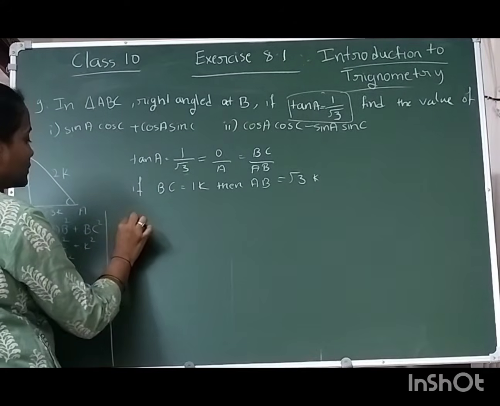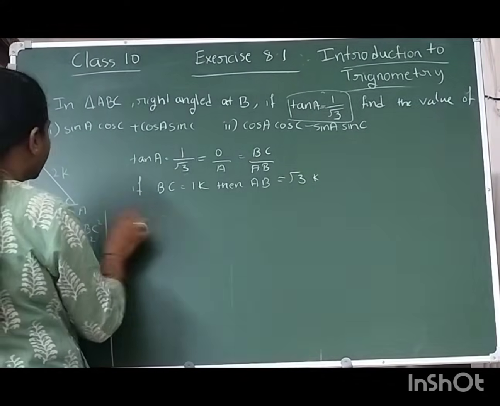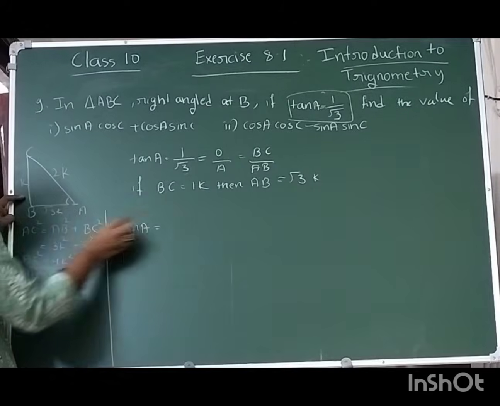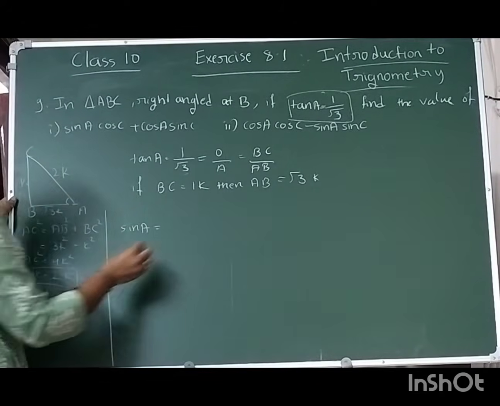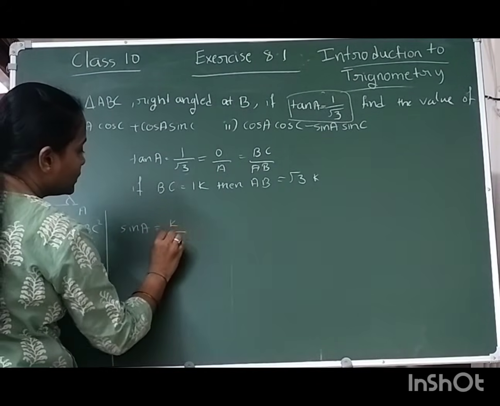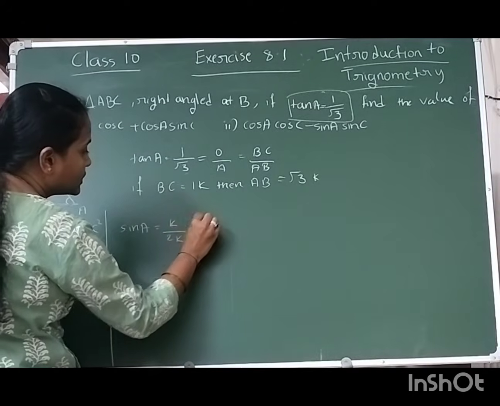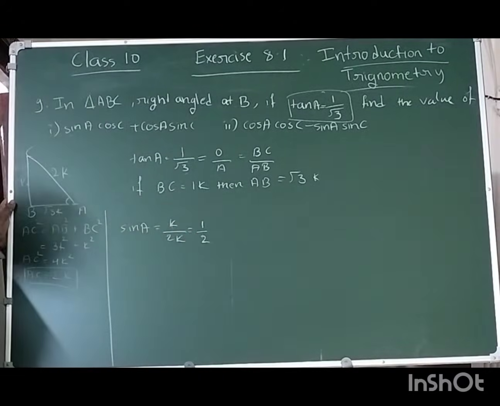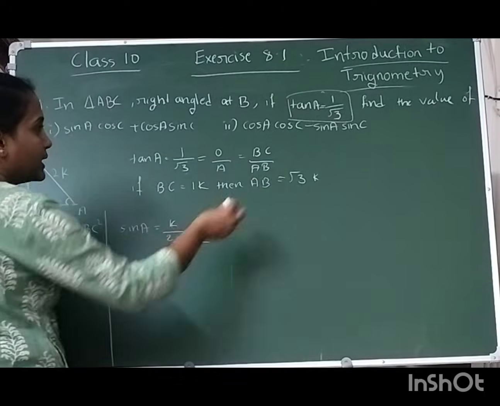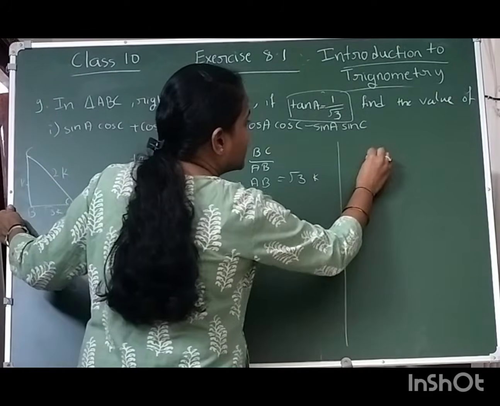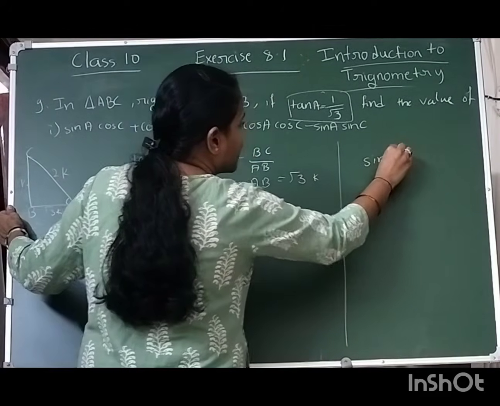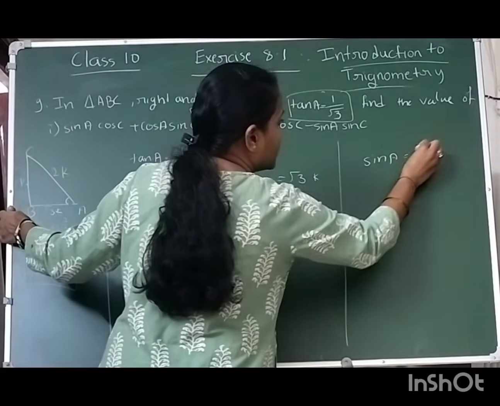Before that, we'll get the value of sin A. Sin A is opposite by hypotenuse. That is K by 2K. K will get cancelled. We'll get 1 by 2. We'll write all the values on one side. So sin A we got as 1 by 2.